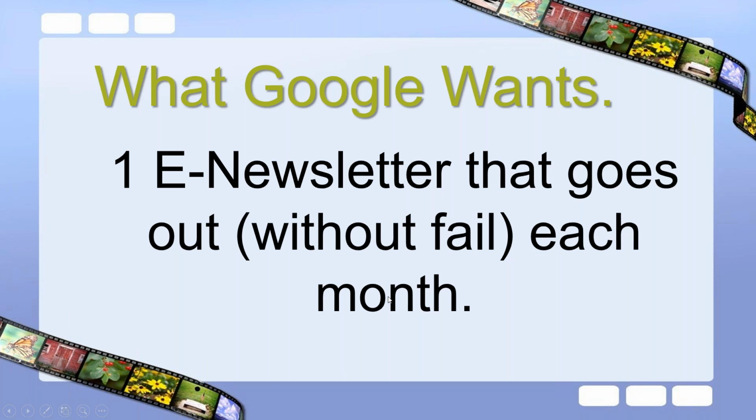And remember, I told you to remember some words. Facebook was one, video was one, e-newsletter is one. You need to have one e-newsletter, just one, that goes out without fail each and every month to your folks.